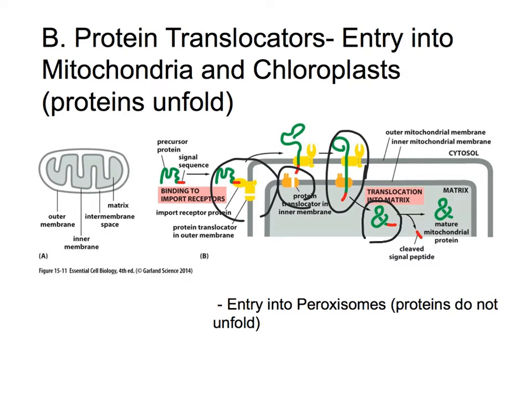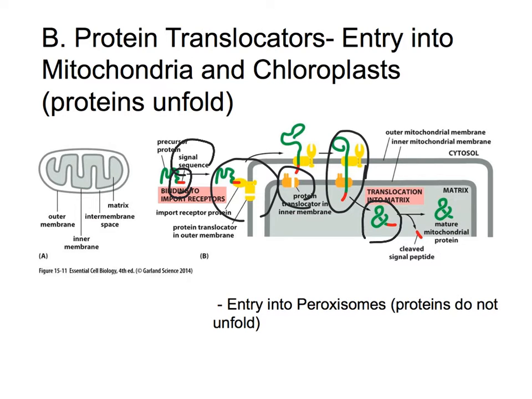One other thing to note about this process is that the protein coming into the organelle has to have a signal sequence. That's a sequence on the end of the protein, and it's recognized by a receptor in the outer mitochondrial membrane.